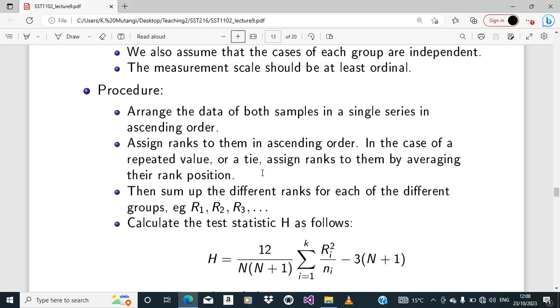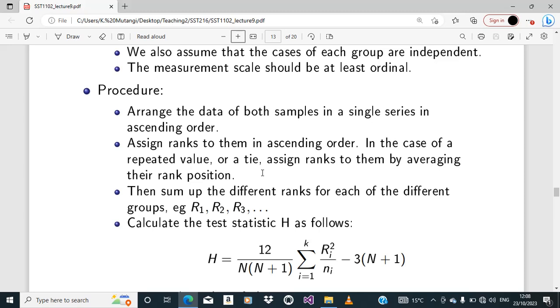In a nutshell, you replace the original data with the corresponding ranks. And then for each of the different groups, you sum those ranks. And those are the R's, which is R1 for group 1, R2 for group 2, R3 for group 3.